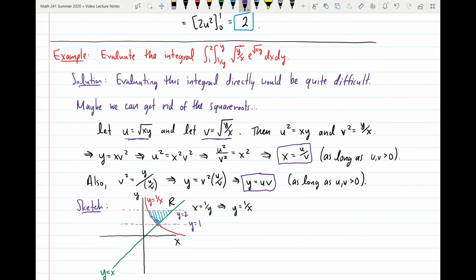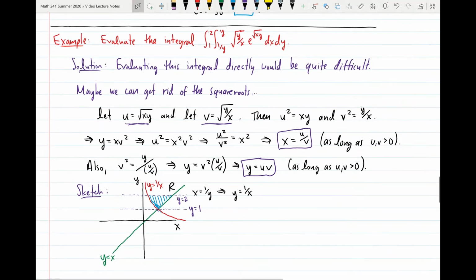So we're setting some relationships between the variables u and v and the variables x and y, in the hopes that when we're done with all of this calculation, when we plug in u and v for the associated y and x terms inside of our function, we get an integral that's easier to evaluate. And it ends up that we do get an integral that's significantly easier to evaluate.